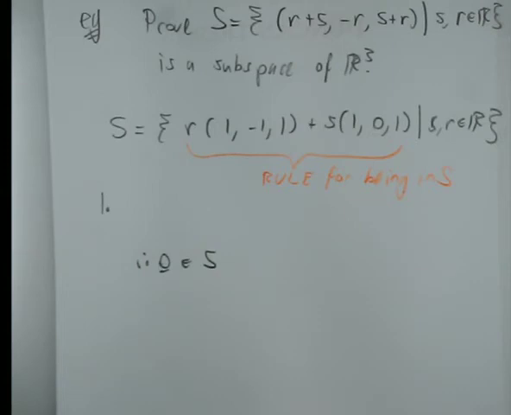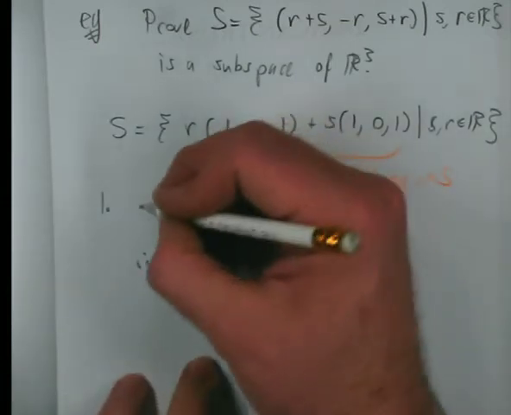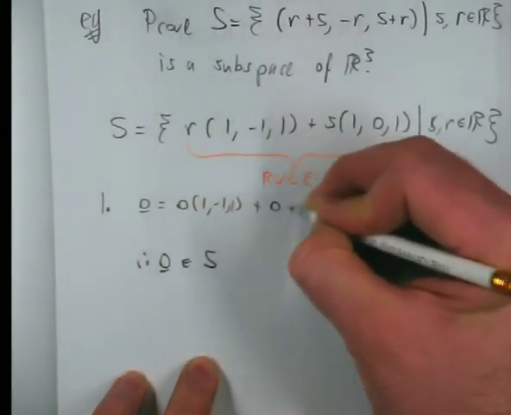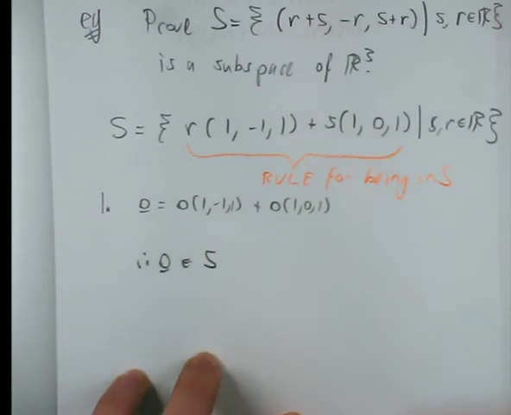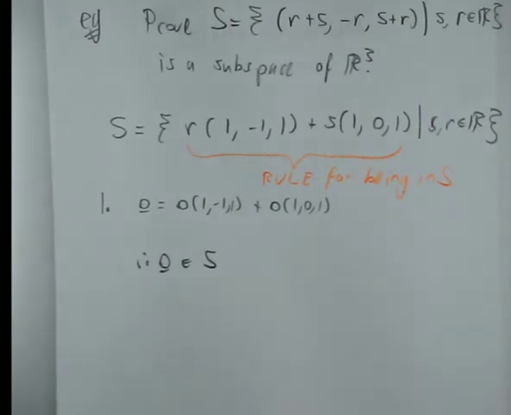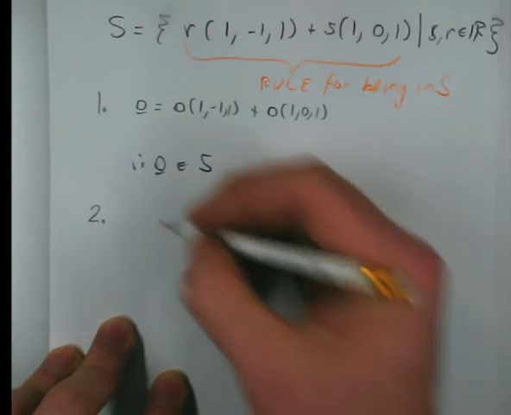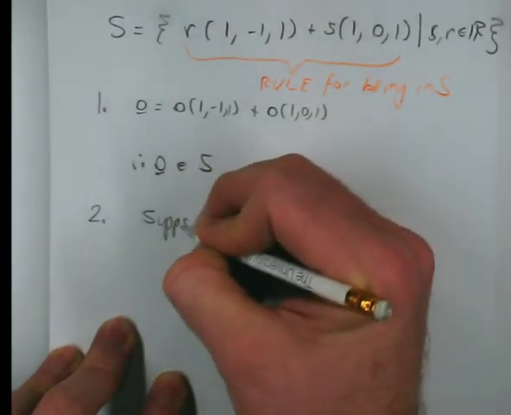If my vectors can look like that, they must be in S. So 0 is 0 lots of 1, minus 1, 1, plus 0 lots of 1, 0, 1, and therefore it's in S, because it looks the right way. That's the rule.